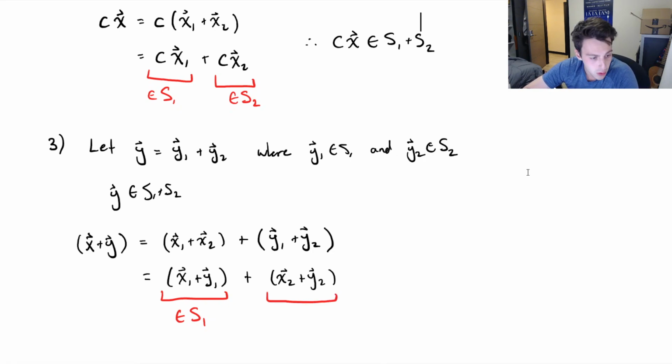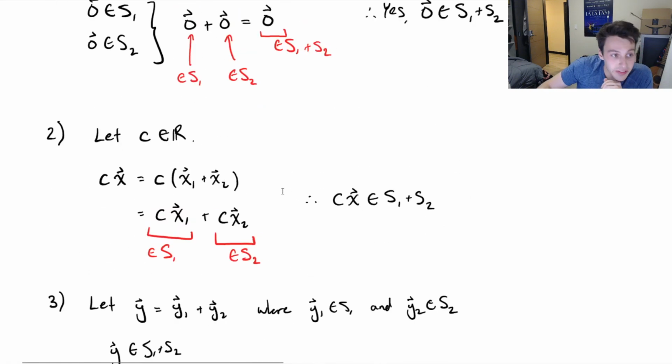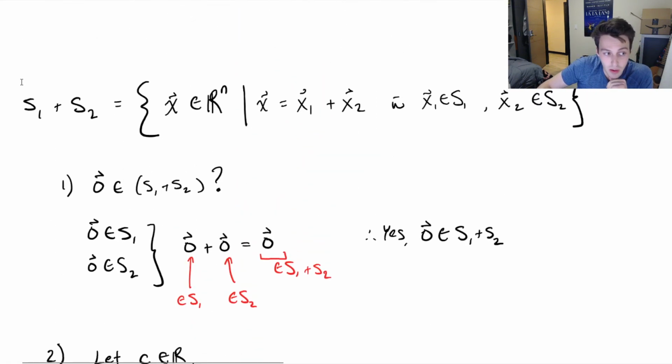Since they both belong to S2, the addition of those vectors will also be something in S2. So we've now shown that taking a vector x in the sum plus y, which is also in the sum, boils down to a vector that belongs to subspace 1 plus a vector that belongs to subspace 2. And that is the definition of the sum of S1 plus S2.